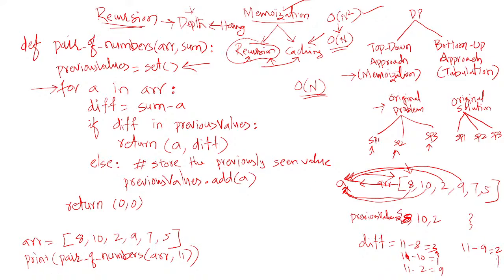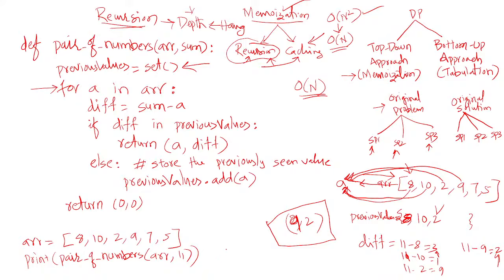What is the difference value? 2. Is 2 present in previous_values? Yes, it is present. Then return a, difference. Our a value is 9 here, and the difference value is 2. So this is the pair that is returned here: 9, 2.